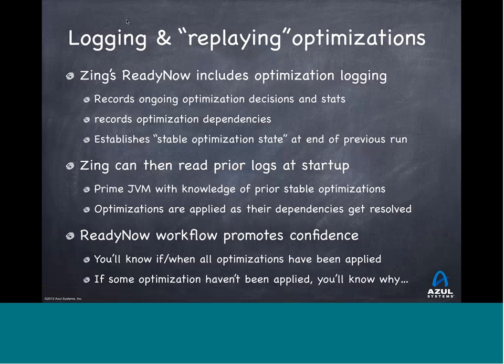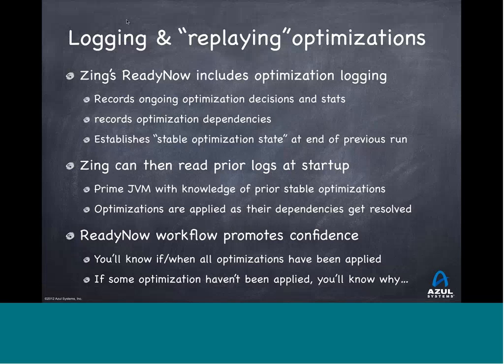ReadyNow has a workflow that promotes confidence in the optimizations being applied, because as optimizations are applied, we are hoping that we exhaust all the optimizations that a prior JVM has had. But there's always that nagging question of, how do I know that my first trade is actually going to be fast? How do I know that the optimizations really have been applied? Am I missing something?